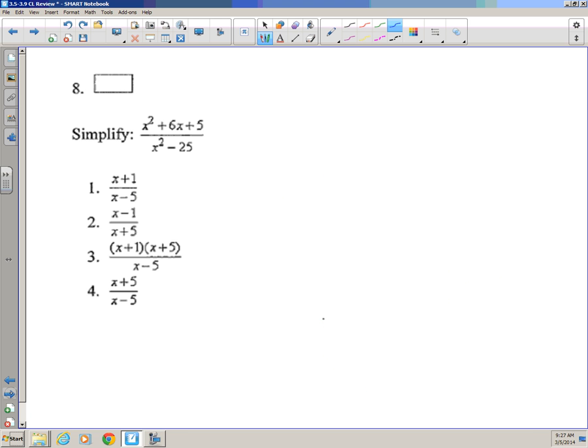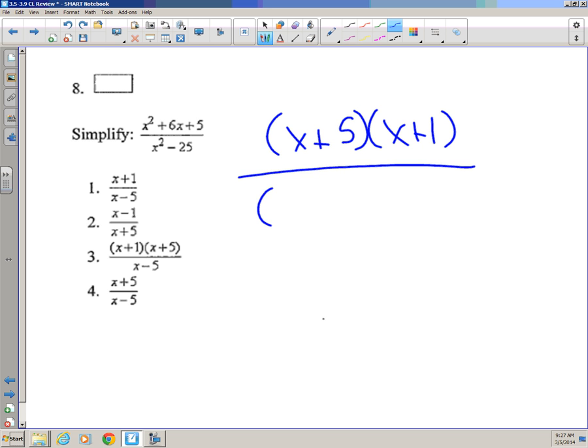Number 8, just simplify. Factor top, factor bottom. I am plus 3, it's not right, plus 5, plus 1. So x plus 5, x plus 1, dots, minus 5, plus 5.